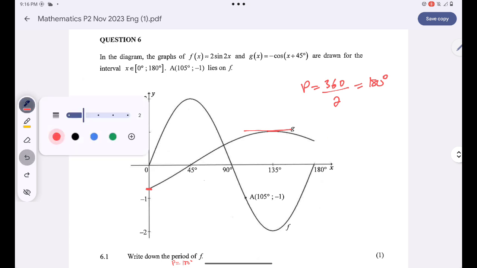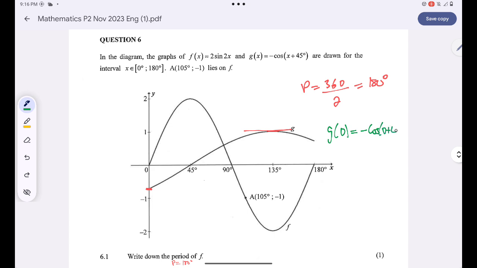let me use a different color. G of 0 is equal to negative cos of 0 plus 45. This is just negative cos of 45 degrees, negative root 2 over 2.